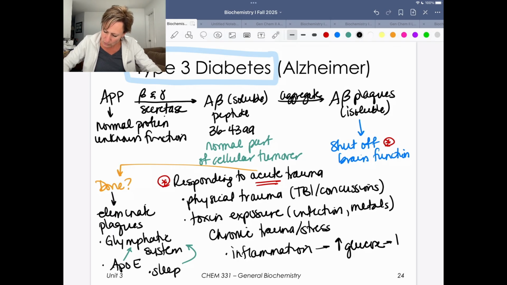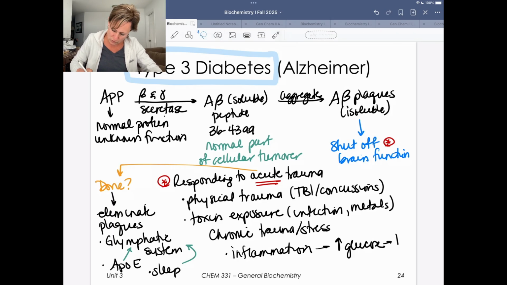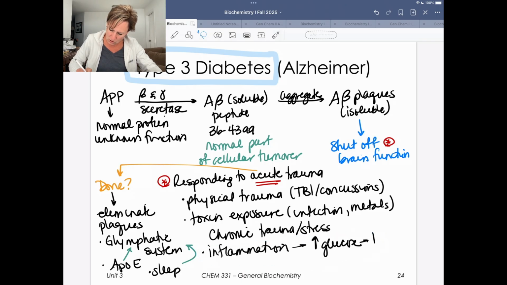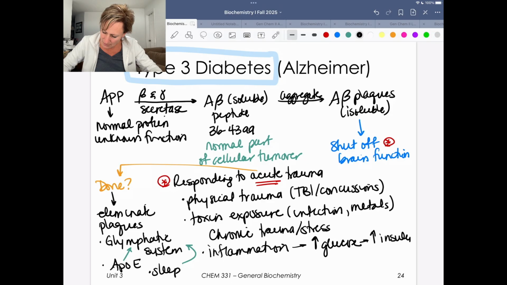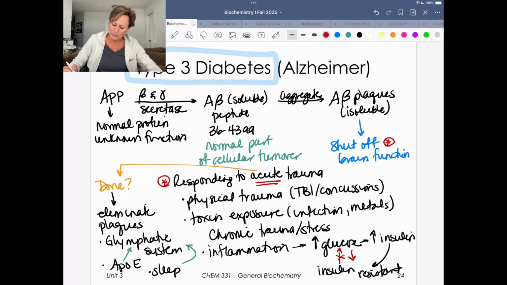Elevated levels of glucose should normally produce elevated levels of insulin. But if you have become insulin resistant, right, then you are not going to be able to eliminate that glucose, right?